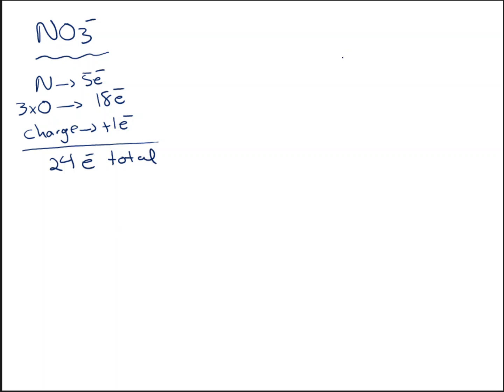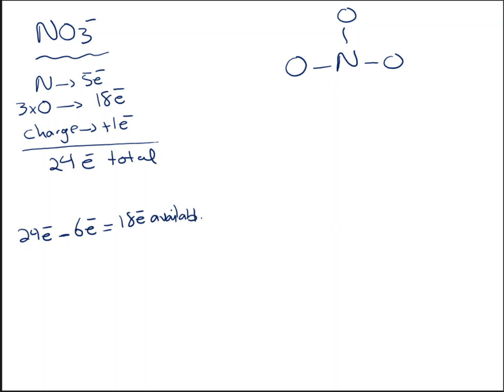Now, we're going to do the simple skeleton between nitrogen and oxygen. By doing this, I started with 24 electrons, and I used 6 electrons to make this skeleton. That means I still have 18 electrons available. But let's see how many electrons are required to complete the octet. For nitrogen, we need 2.